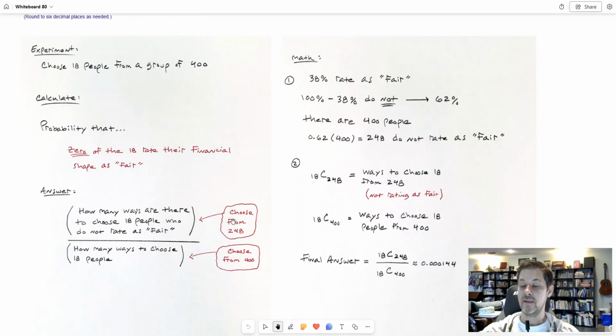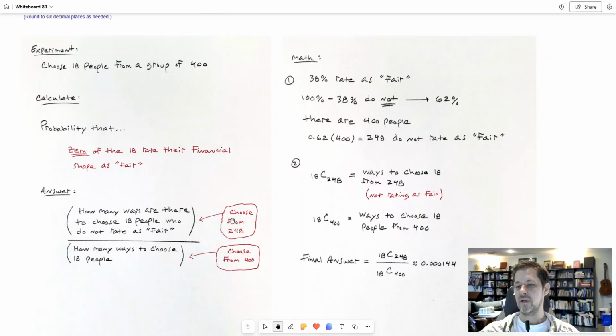I'll tell you why that is in a second. Down here, how many ways are there to choose 18 people total, like at all? There we're choosing from 400. If you think about this happening, this is the way it would have to happen: I would have to pick 18 people who do not rate as fair. That's just how it is.